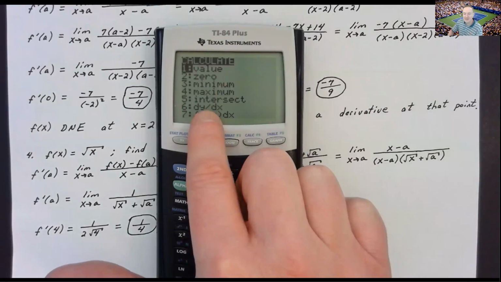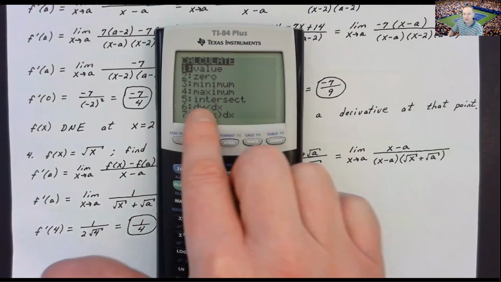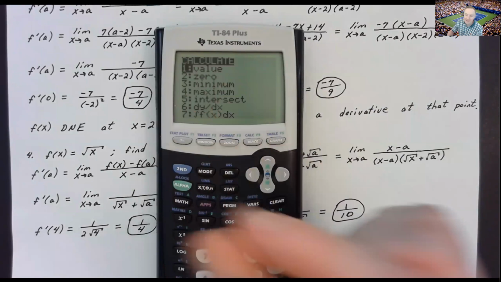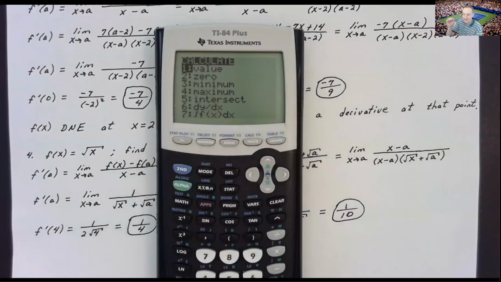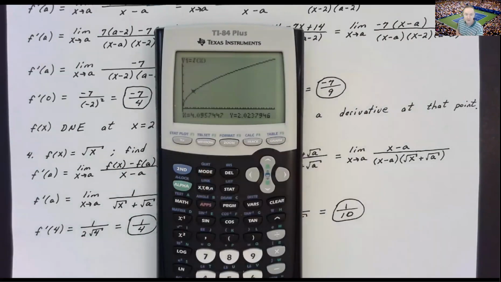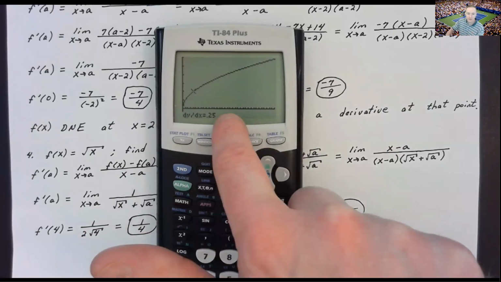And please notice on the calculator, it's dy dx. That dy dx means the infinitesimally small change in y over the infinitesimally small change in x. In other words, instantaneous rate of change. So we're trying to find the derivative at 4. You hit x equals 4, and it tells you your derivative there, and we already knew the answer was 1/4, 0.25.